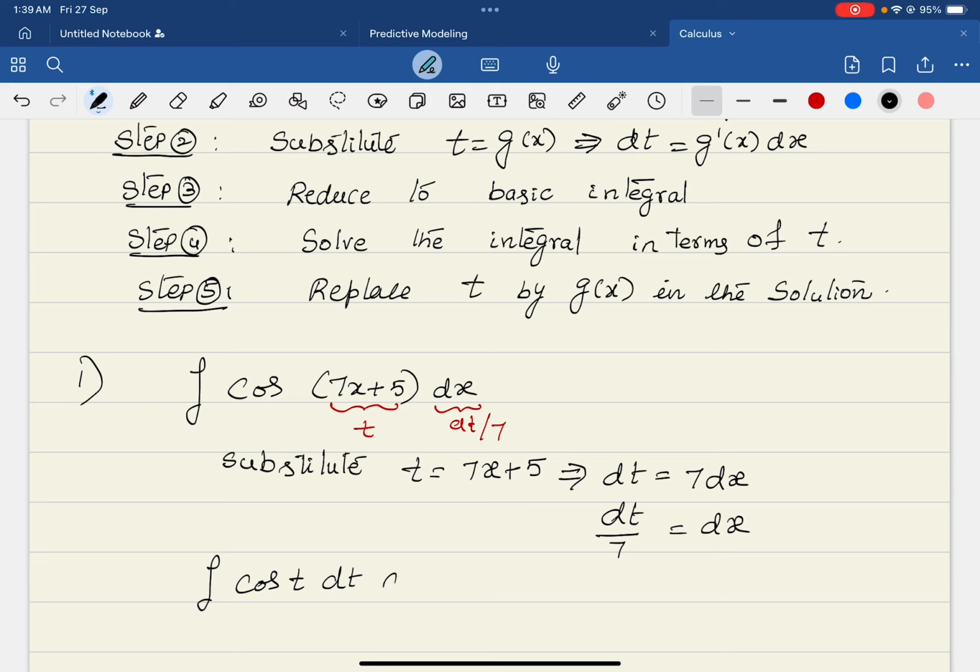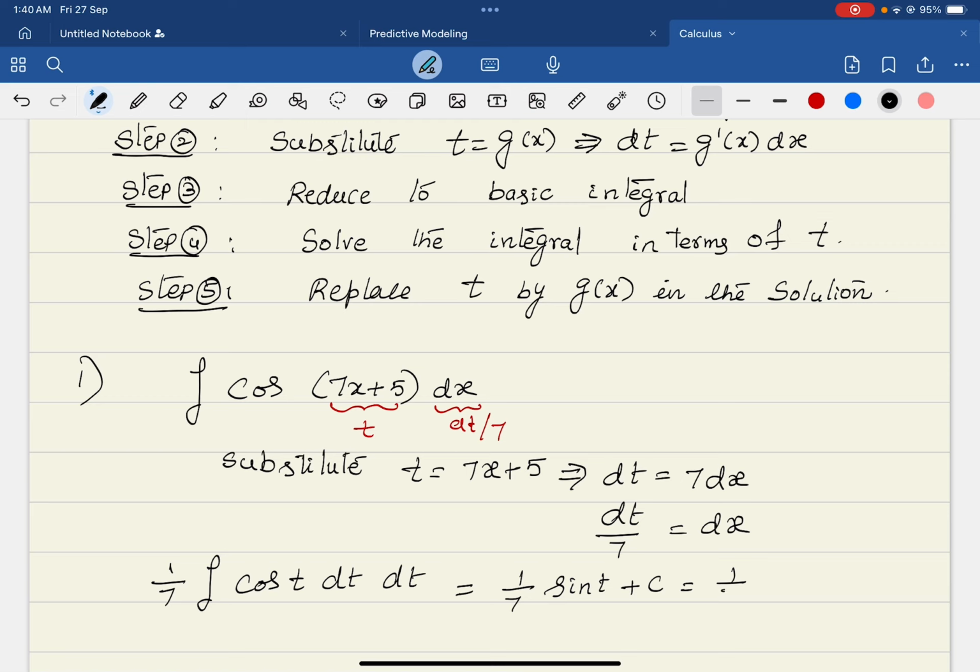I write 1 by 7 outside. We have already discussed how to remember the formula in the last video. If you have any doubt, please see the first video on the logic to memorize the formula. Now the integral of cosine t is sin t. So it is 1 over 7 sin t plus the constant.